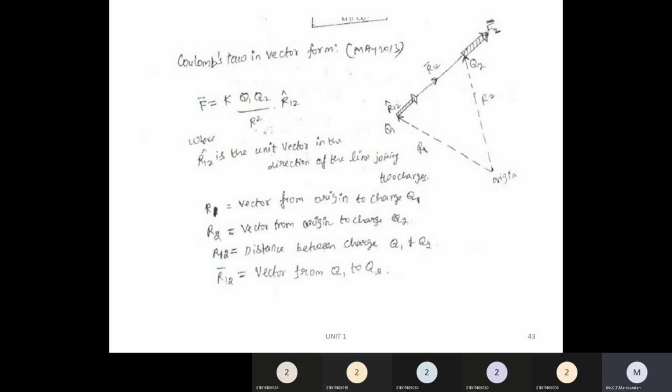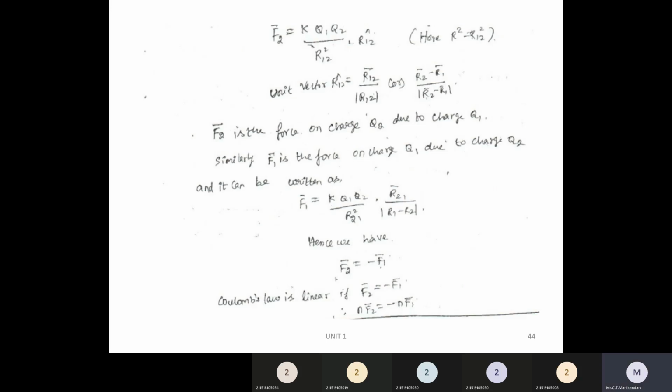So what is the formula for a unit vector? That vector divided by the modulus of that vector. For an R vector, the unit vector is R vector divided by modulus of R vector. So force equals K into Q1 Q2 divided by R12 square into the R12 unit vector.